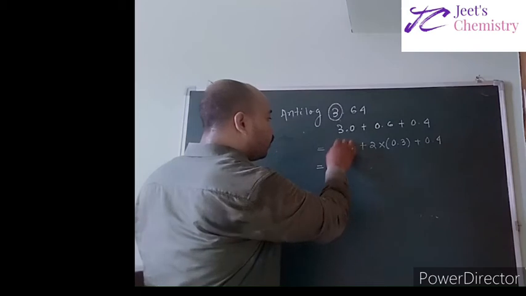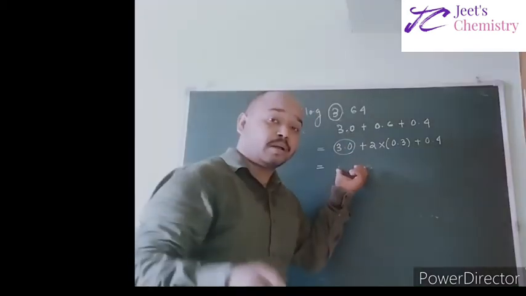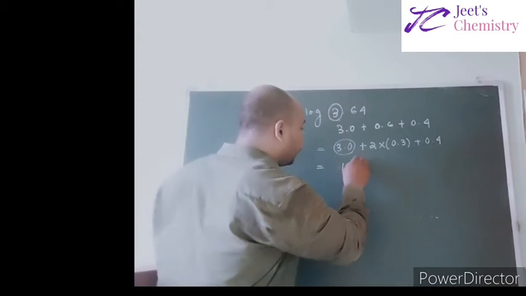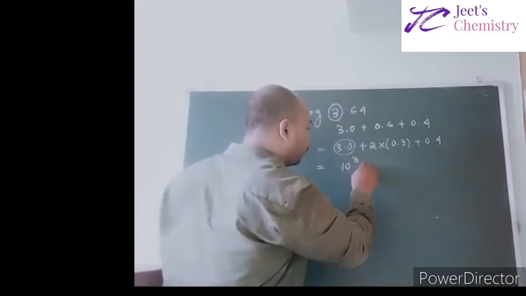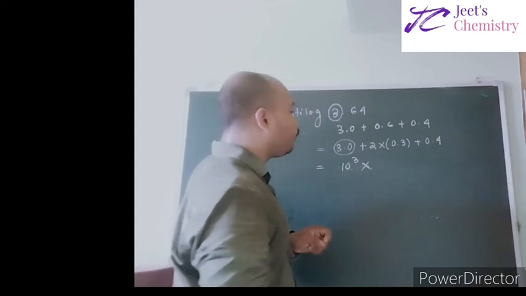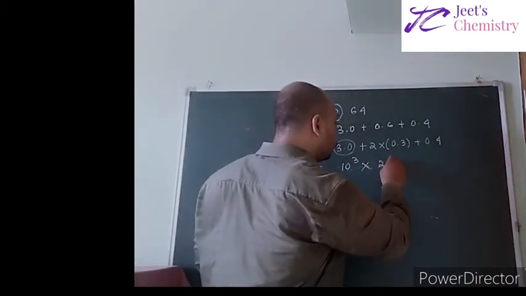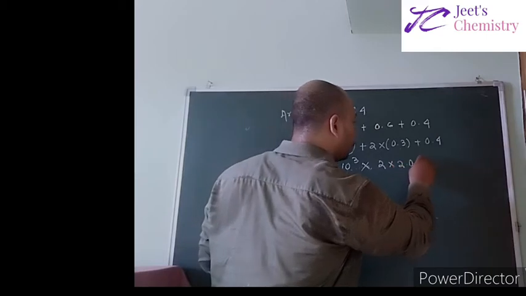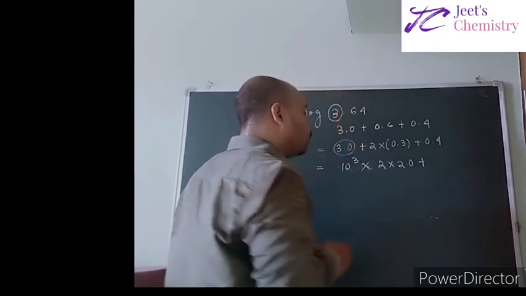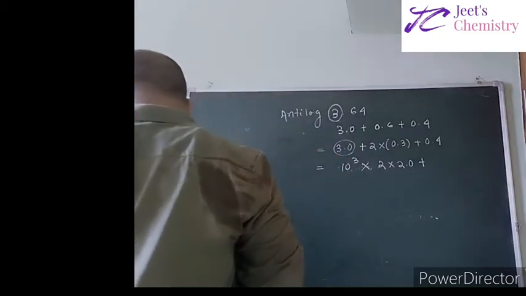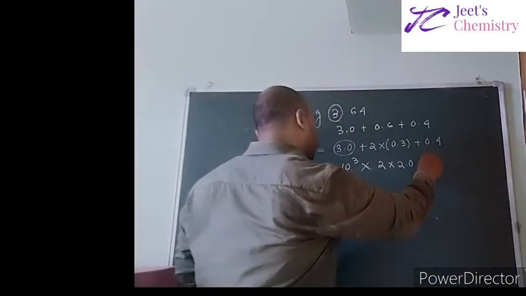For the whole number we will use the same number as the power of 10. So I can write here 10 to the power 3. For 0.3 it will be 2.0, plus 0.4, for which I can write 1.10.